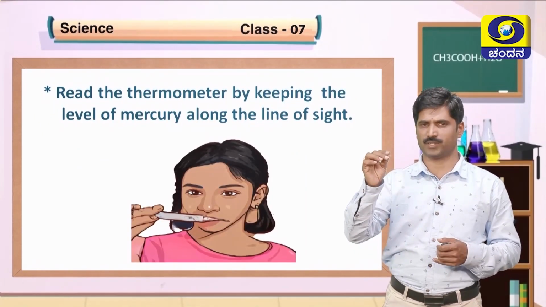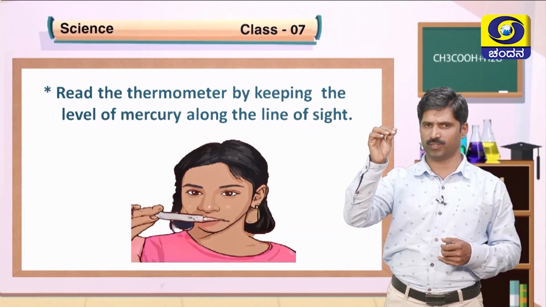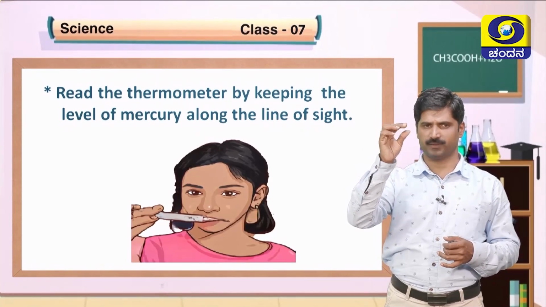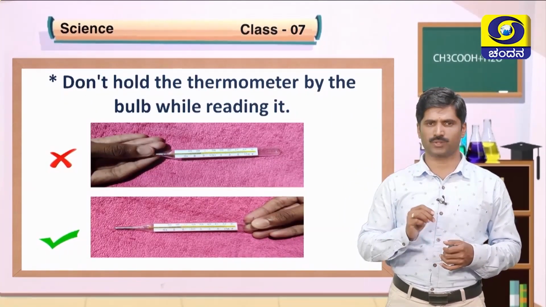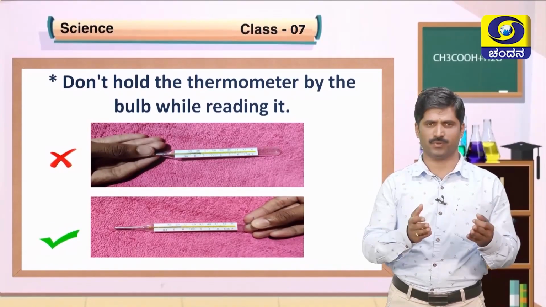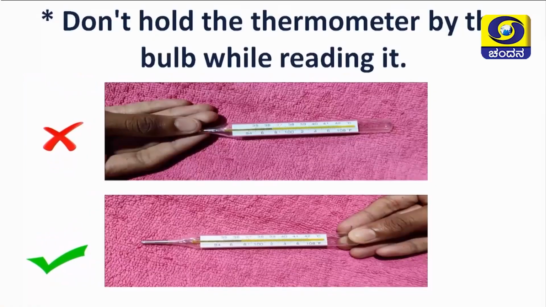Read the thermometer by holding the level of mercury along the line of sight, and don't hold the thermometer by the bulb while reading it. In the first picture, the thermometer is held by its bulb, which is the wrong way. In the second picture, you can see the thermometer is held in the right manner.